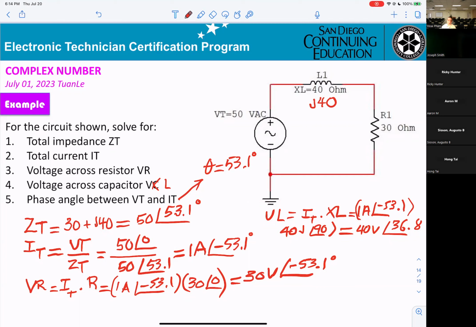Hey, Mr. Pham, show me how you did number 5. Number 5 means they are asking for the phase angle between VT and IT. You understand it's the current flowing here, only one IT. The IT and the GT are in the same phase.